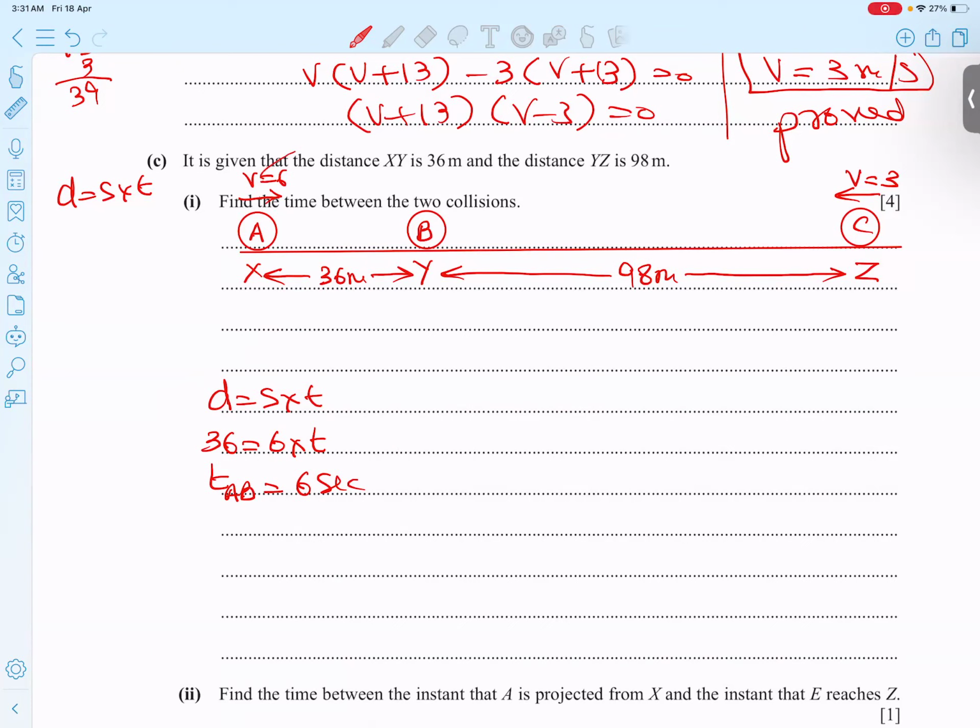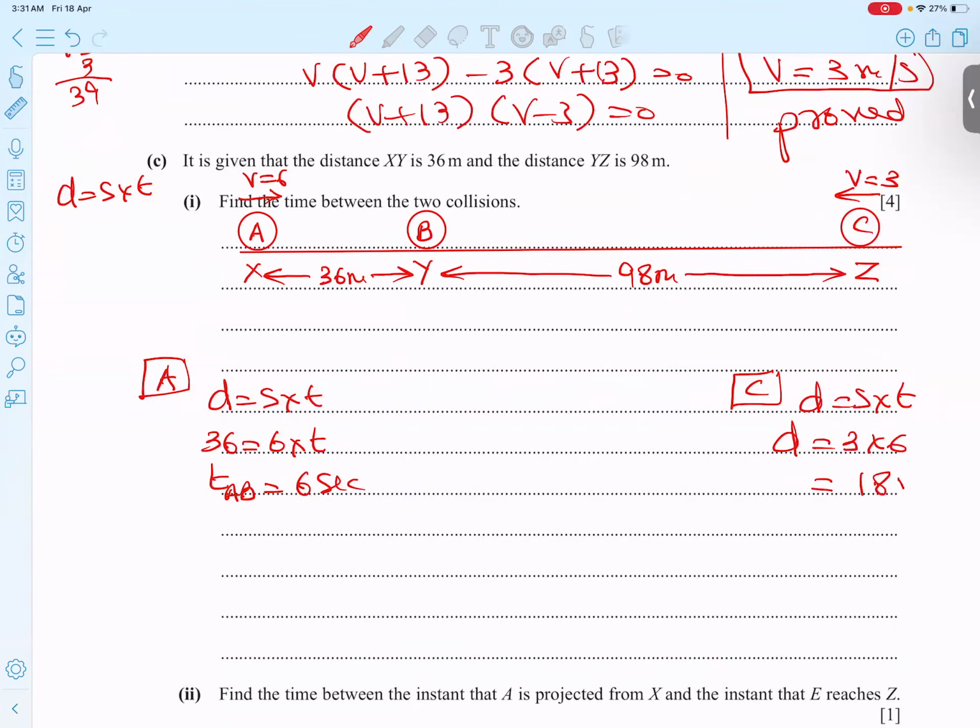Why is this important? Because we know that they start at the same time. Make sure they start at the same time. But the problem is, when A was traveling towards B, C is traveling towards this point. So this is for particle A. But what about particle C, students? Where is particle C located? Because the same time it will take to move. So for C, distance is equal to speed into time, and time we know is 6 seconds. Speed is 3, so 3 times 6 is 18.